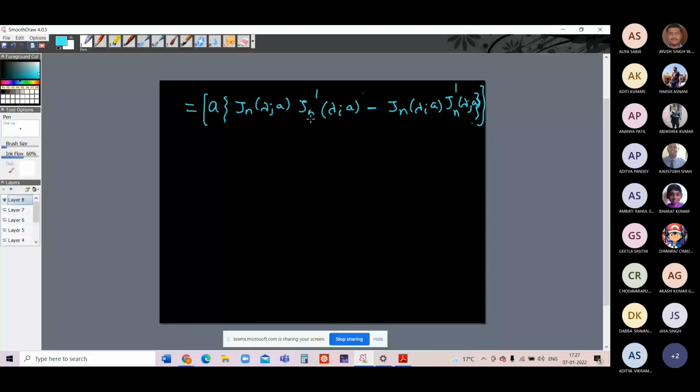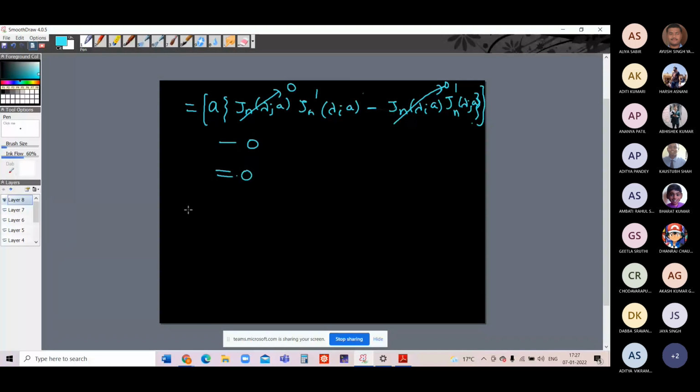Now, as you know, lambda I and lambda j are the roots of J_n(lambda a). It means that J_n(lambda I a) will be 0 and J_n(lambda j a) will again be 0 by using equation number 1. So the right hand side of this equation becomes 0.